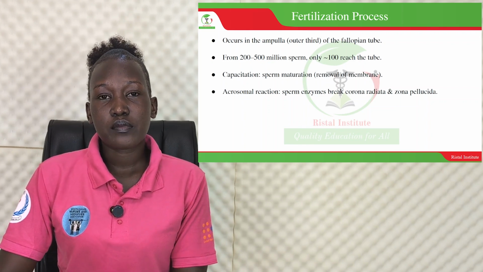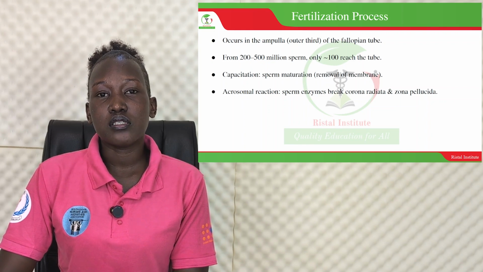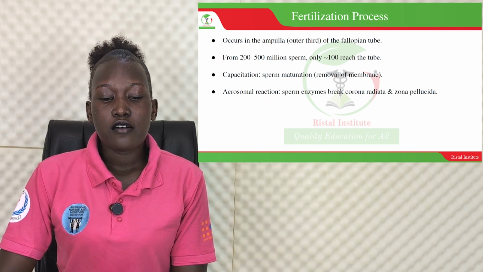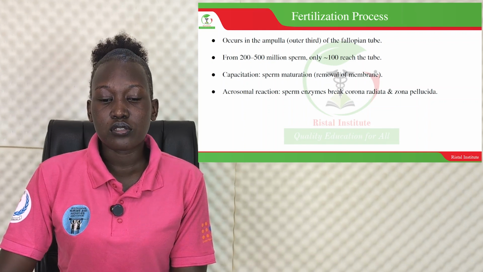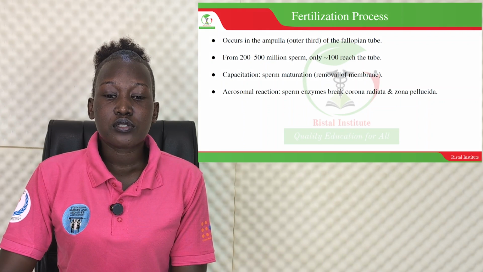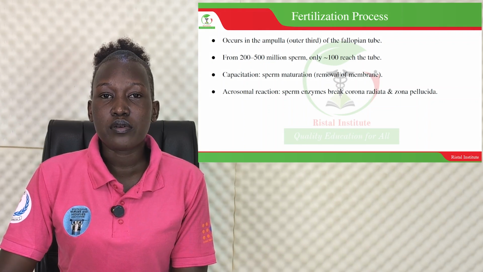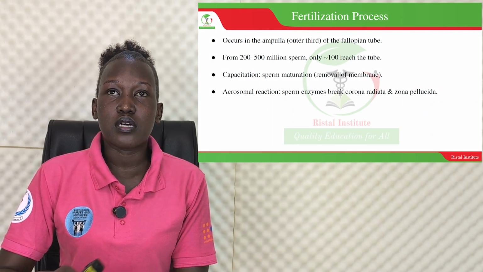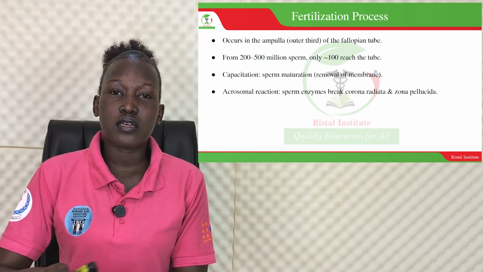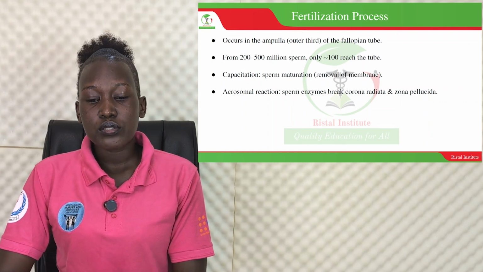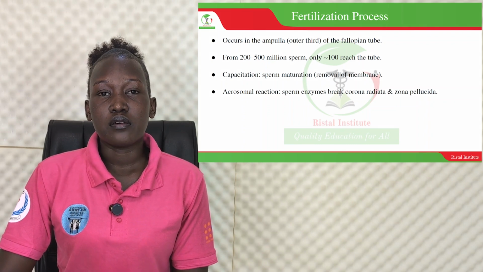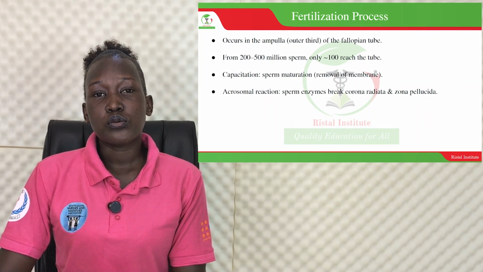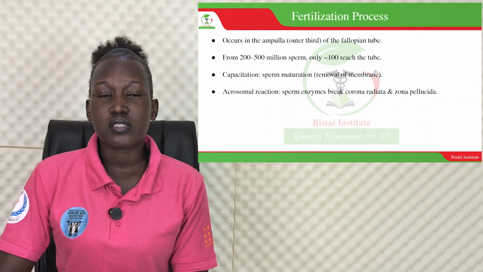As the sperm struggles to reach the tube, we have what is called capacitation, which is sperm maturation. This capacitation is the removal of the cell membrane which covers the head of the sperm, and it takes place within the uterine cavity.